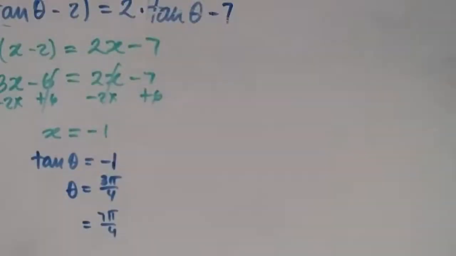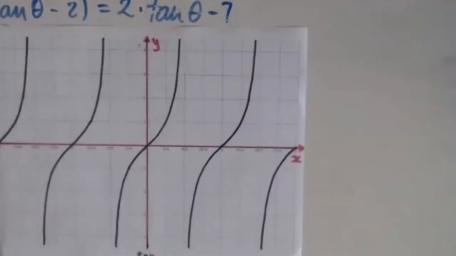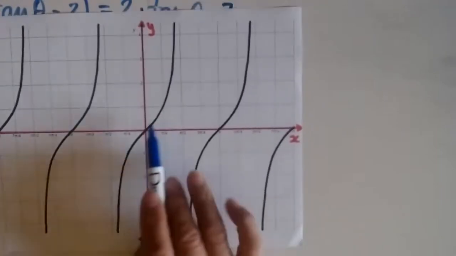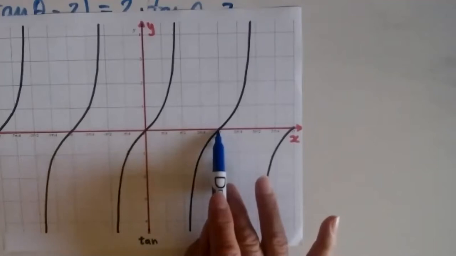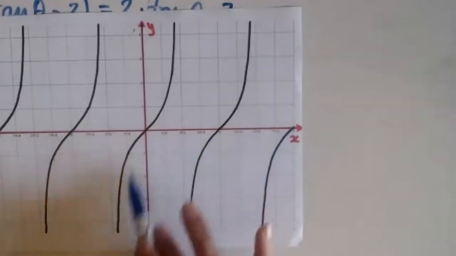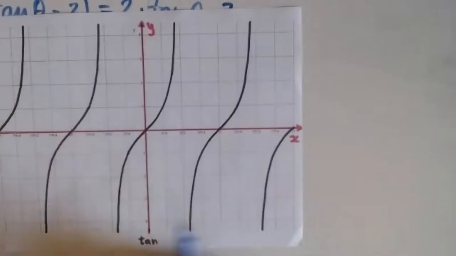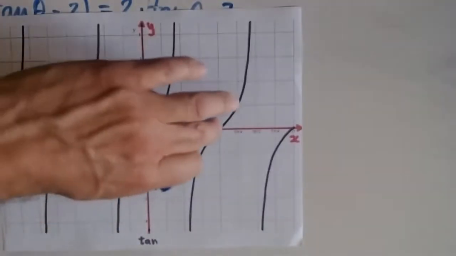Now, let's see. The tangent function, remember the graph of the tangent? This is the graph of the tangent, remember? Yeah. The tangent repeats every pi, not every 2 pi. So you see this branch, this branch, this branch is the same, and they are separated by pi.